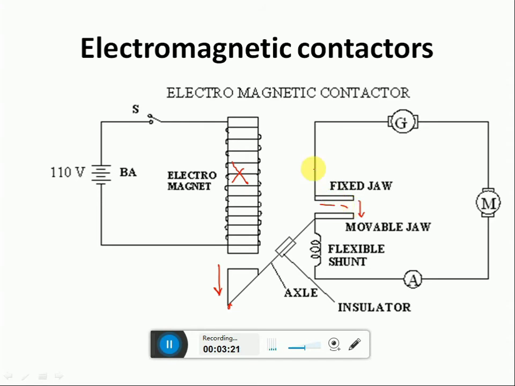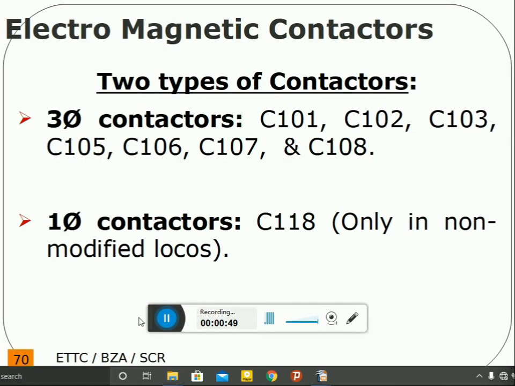This arc will be thrown by the blowout coil towards the arc chute. The arc chute is placed on the contactor. So the sparks produced when the contactor opens are thrown by the blowout coil and absorbed by the arc chute. This is the working of the electromagnetic contactor.